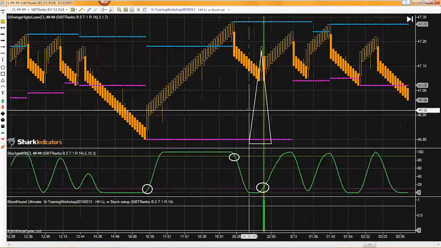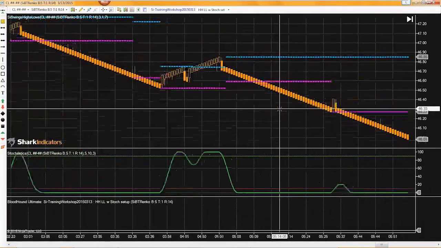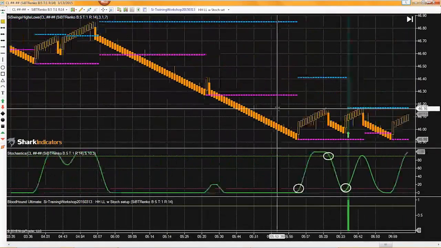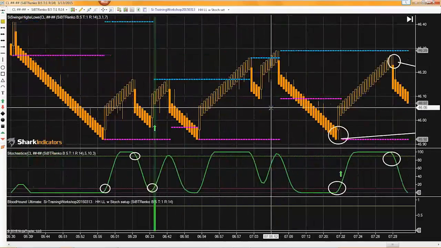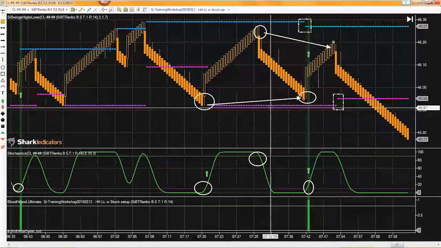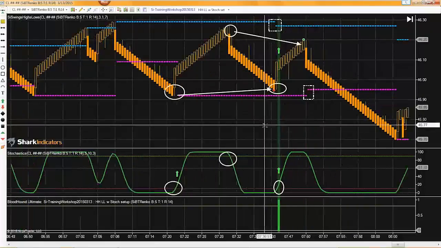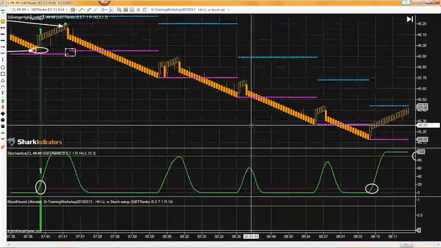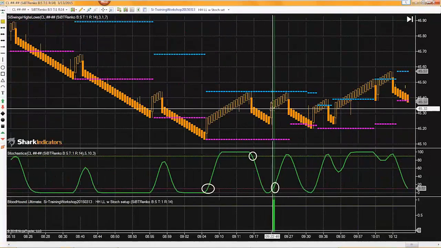So far, so good. All right, and we got that one as well. And let's keep scrolling forward. I think I found another one further on, and hey, we got this one as well.